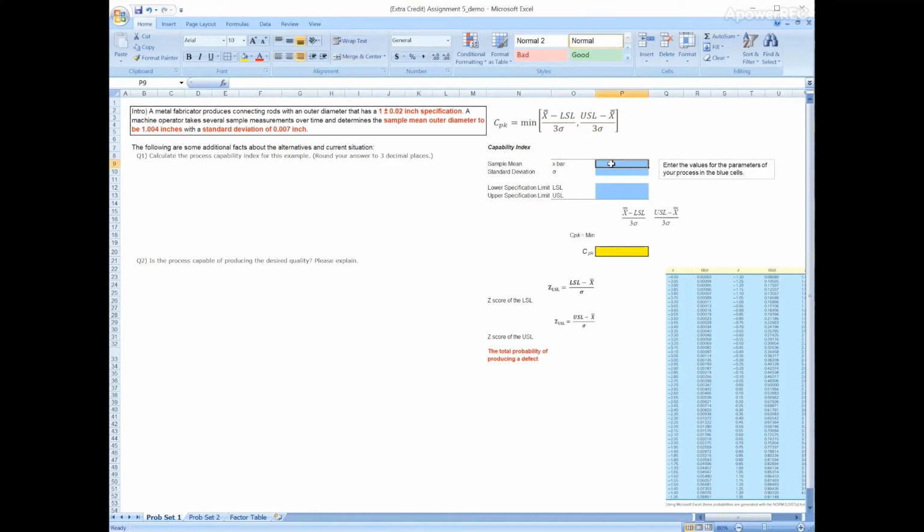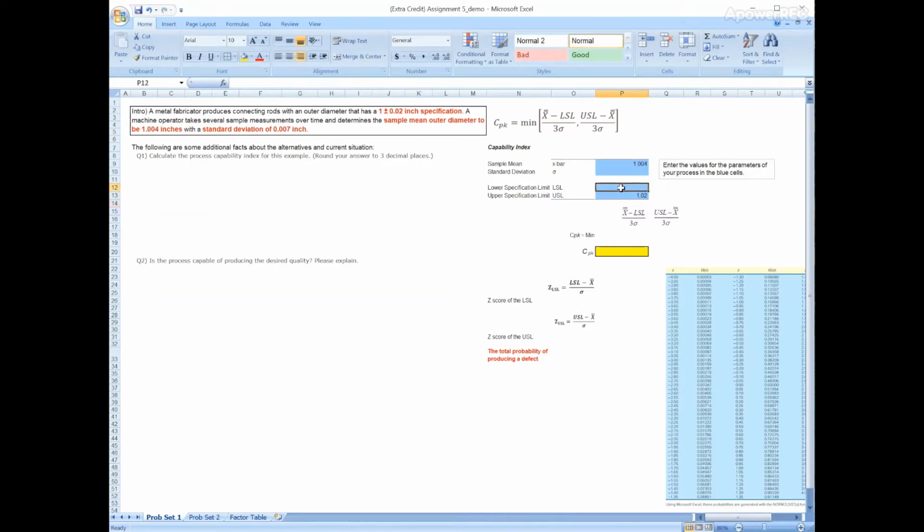In this question, the sample mean of this process is given as 1.004 inches. Since the design specifications on the product require that the key dimension measures 1 plus or minus 0.02 inches, the upper specification limit, or USL, equals 1 plus 0.02, which is 1.02 inches.